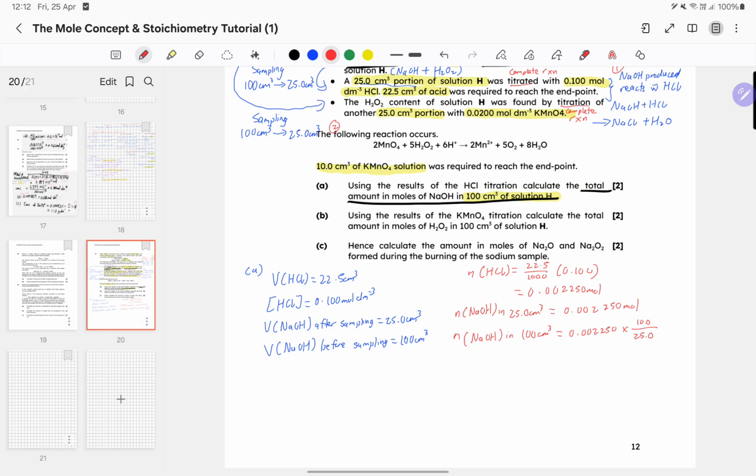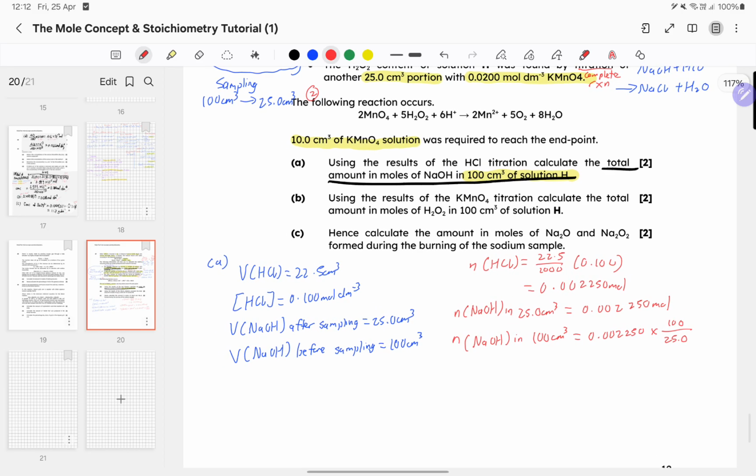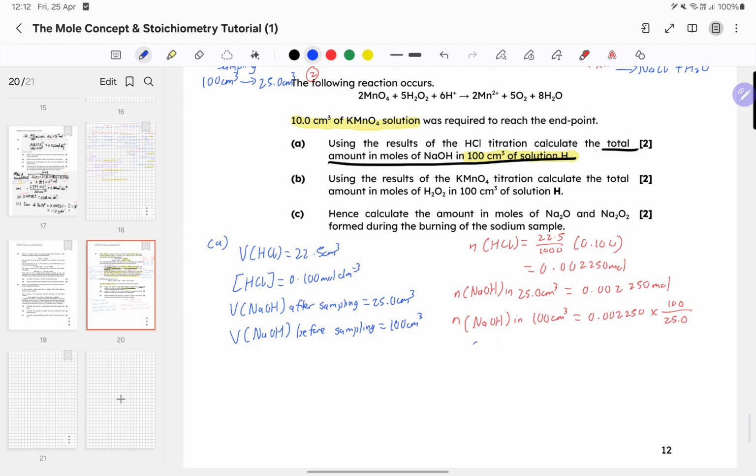Alternatively, you can find the concentration of NaOH inside 25.0 cm cube, and because the concentration of NaOH in 25.0 cm cube is the same as in 100 cm cube, then you can find out the number of moles of NaOH. So an alternative method would have been finding the concentration in 25.0 cm cube, which is also equal to the concentration in 100 cm cube.